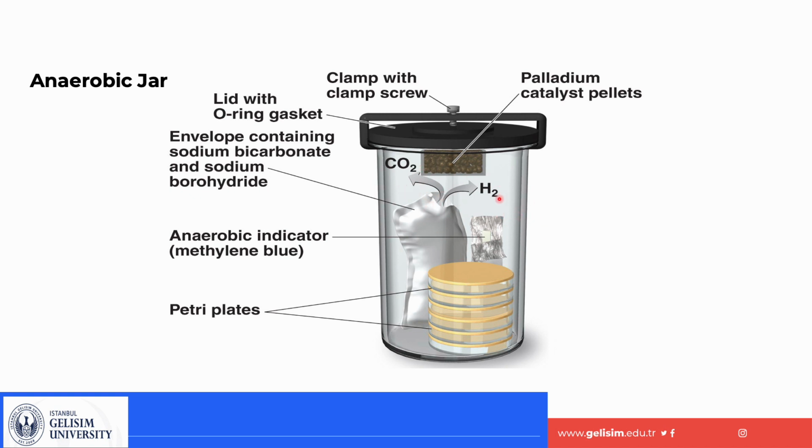Then you have a test strip that will change colors to show that the proper conditions are met. This ensures that we have met a specific concentration of these gases that the bacteria would favor, which would be found in these plates, these petri plates, or petri dishes as they're also called.